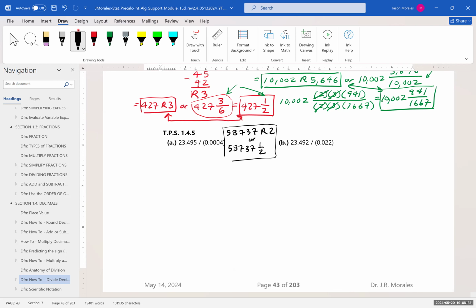That's the answer for the first one. The answer for the second one comes out to 1,067 with a remainder of 18, or 1,067 and 9/11. All right, give those two a try.